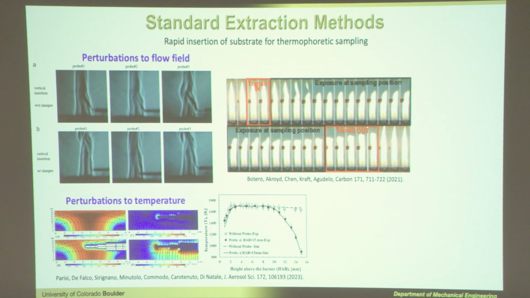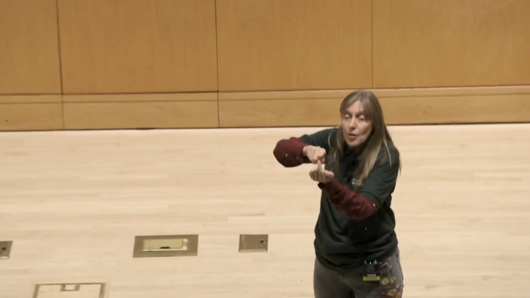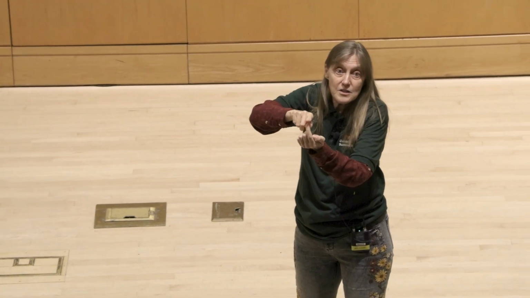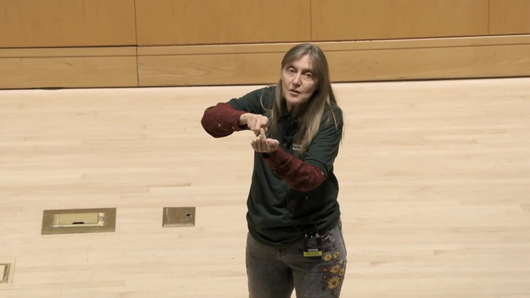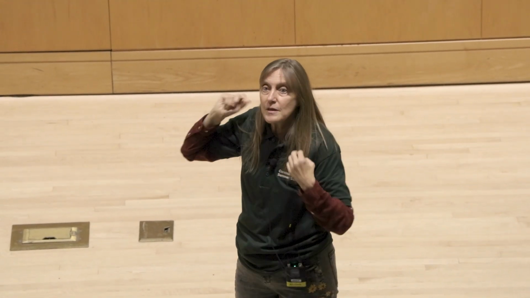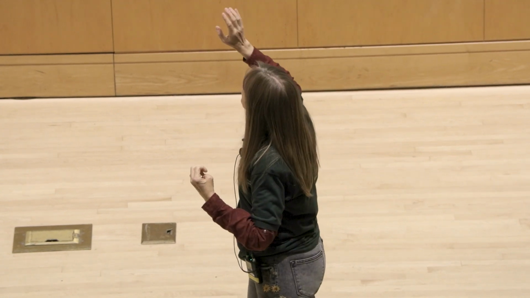If you're cooling your flame a few millimeters from where you're sampling, you're actually changing the chemistry near where you're sampling. I'm not sure what the effect is, but you also quench the radicals, so you're actually changing the chemistry around your sampling.